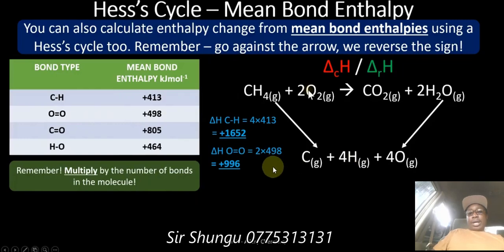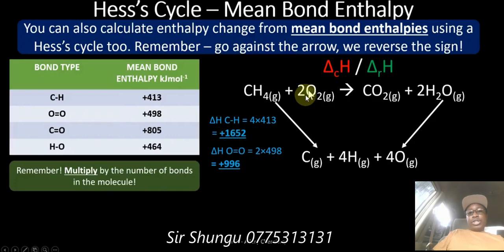So the idea is, how many carbon to hydrogen bonds do we have here? We have four carbon to hydrogen bonds. So to break this into these constituent elements, we should take in 1652. So to break methane into its constituent elements, we will require this much.